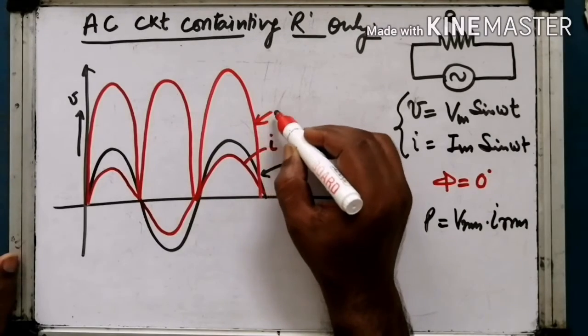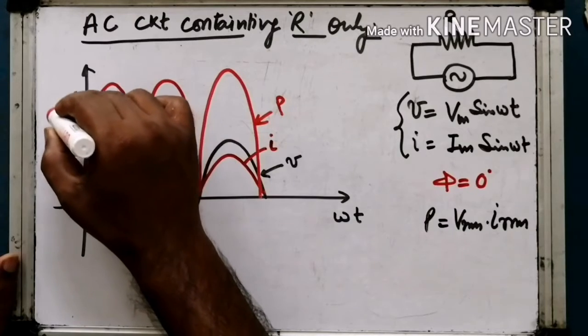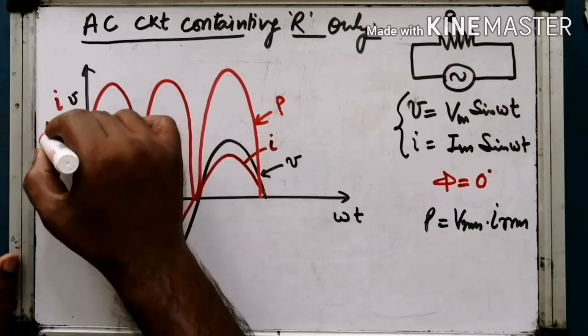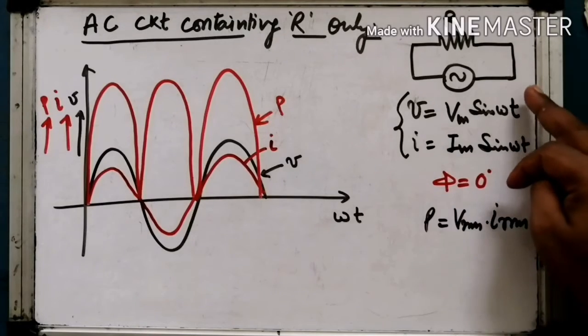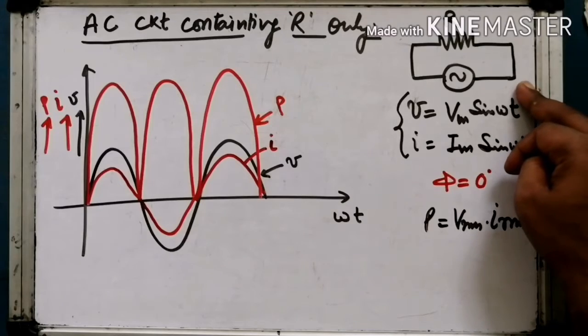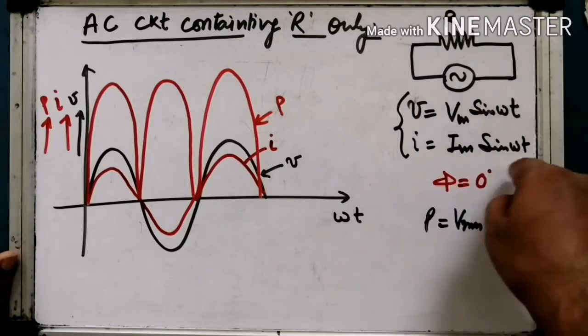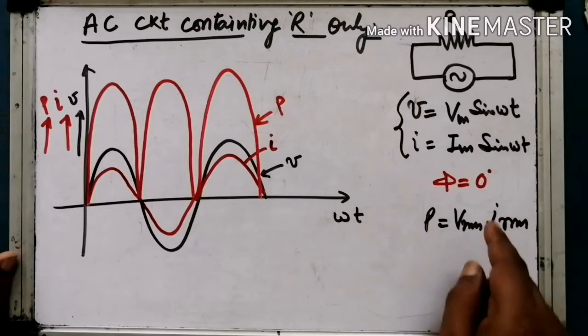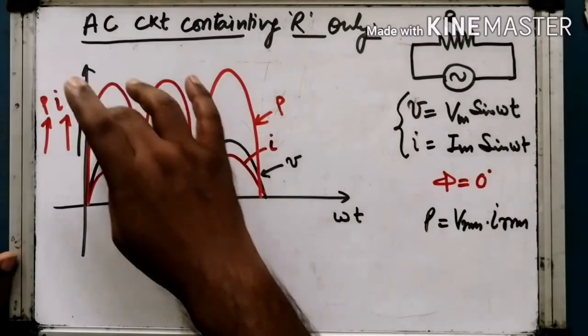So this be the waveform of power. So on the y-axis, voltage, current and power, right? So this is all about the circuit containing resistance only, right? This one is the circuit, equations, phase difference, formula of the power, and these are the waveforms.